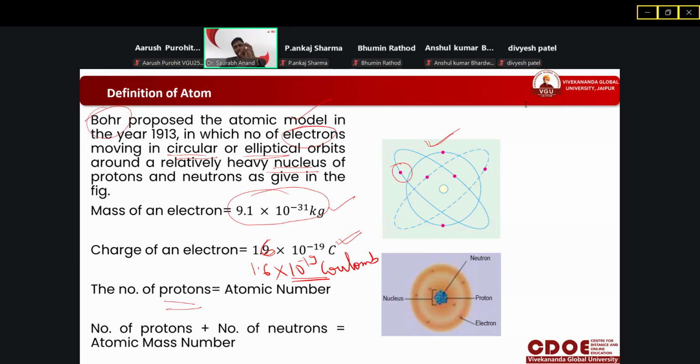how many protons there were, was the value of the atomic number. So every material has an atomic number and atomic mass. You might have studied the periodic table in chemistry. So for every material, suppose material A is there, then X is the atomic number that will be written here, and Y is the atomic mass.